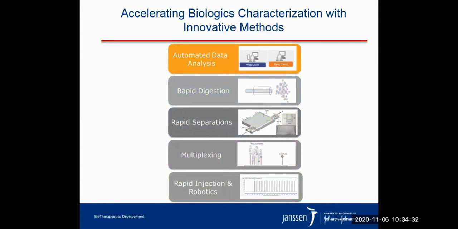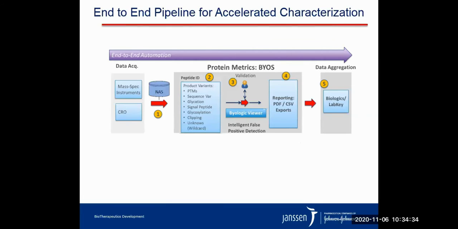We have an end-to-end automated data analysis pipeline developed using Protein Metrics Byos software. Key features of this software include that data generated from different MS instruments are automatically subjected to a vendor-agnostic Byonic search, and these are done on group peptide MS data. Then extensive product variant searches of known modifications, as well as wildcard searches of unknown modifications, are carried out.